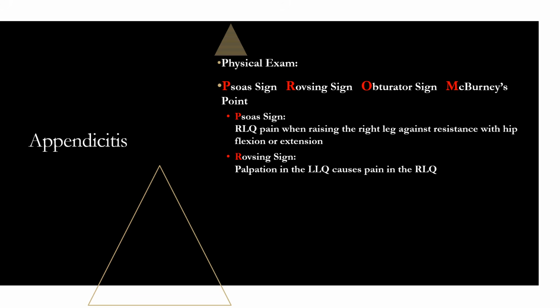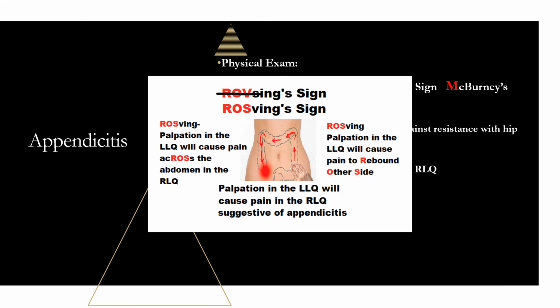Rovsing sign, this one is going to be palpation in the left lower quadrant causes pain in the right lower quadrant. The way I remember this is instead of Rovsing, I think of Rossfing. I just kind of switch the V and the S around, and then it helps me to remember the sign from it. So instead of Rovsing, you do Rossfing, and the ROS stands for palpation in the left lower quadrant will cause pain across the abdomen in the right lower quadrant.